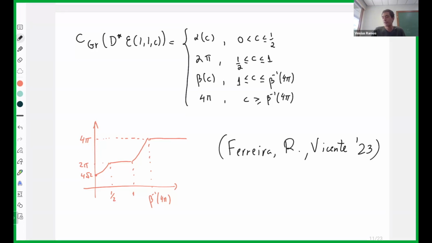For example, C1, the first ECH capacity, usually doesn't coincide. And the Gromov width is sometimes C1, but it's usually not C1. So that's another thing to keep in mind, that the toric domain is good to give us the Gromov width in this case, but it's not good enough to give us all of the capacities.